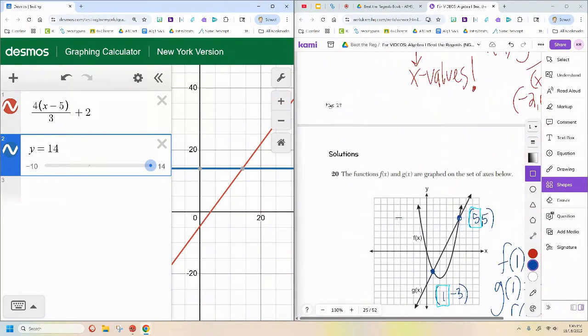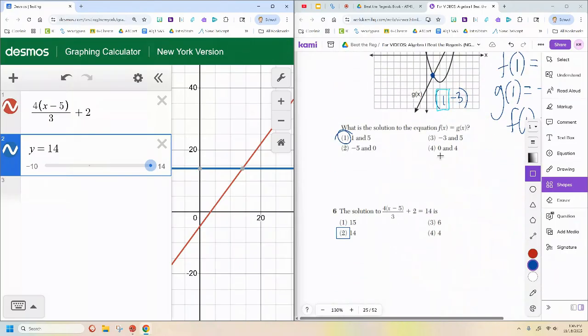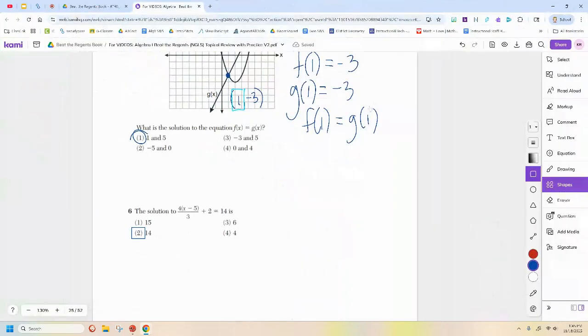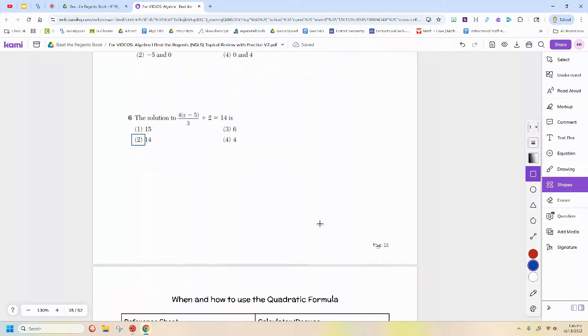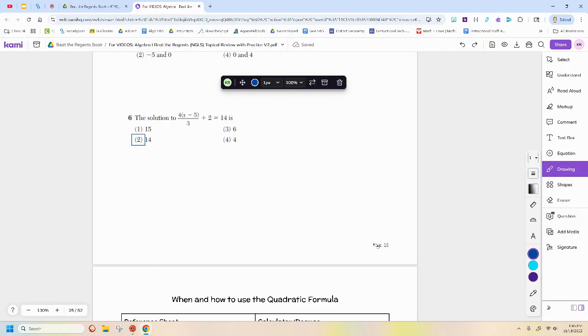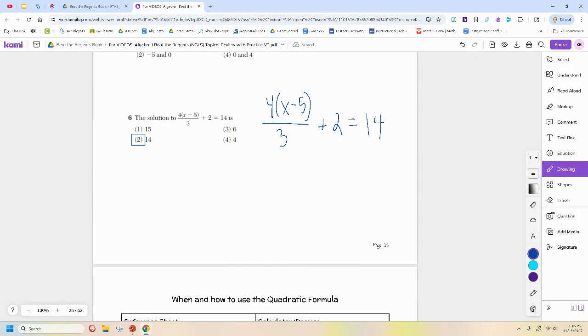Certainly there are ways to do this algebraically. Let's do that real quick with this guy right here before we move away, because equation solving is something we all should be able to do. So if I start off with 4 times x minus 5 over 3 plus 2 equals 14.